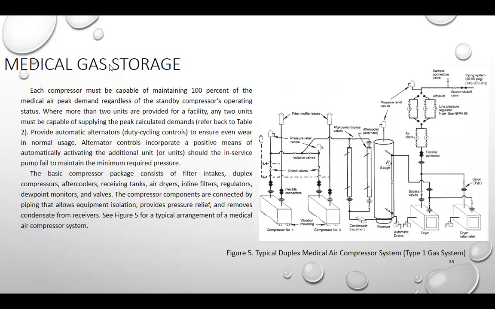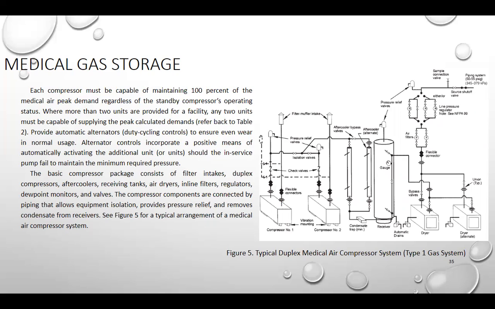So each compressor must be capable of maintaining 100% of the medical air peak demand, regardless of the standby compressor operating status. Where more than 2 units are provided for a facility, any 2 units must be capable of supplying the peak calculated demand. Refer back to table 2.